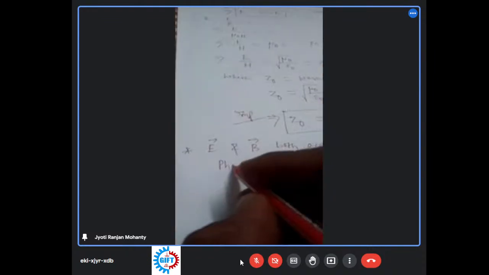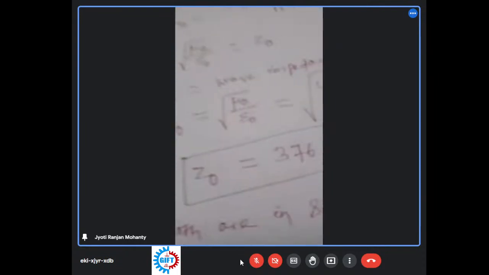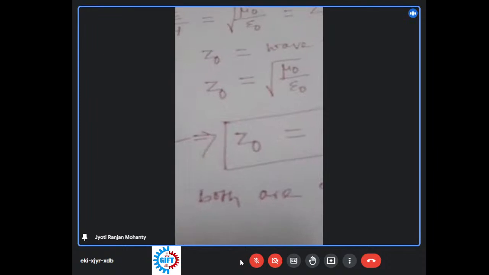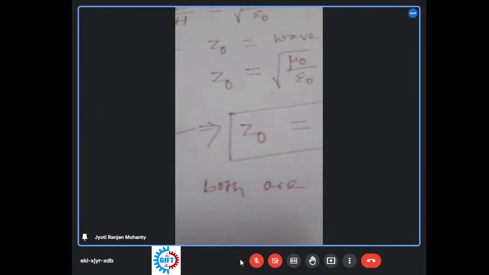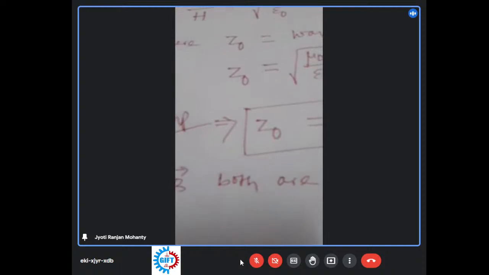Both are in same phase. That means if question asks what will be the phase difference between E and B, your answer would be there will be no phase difference.